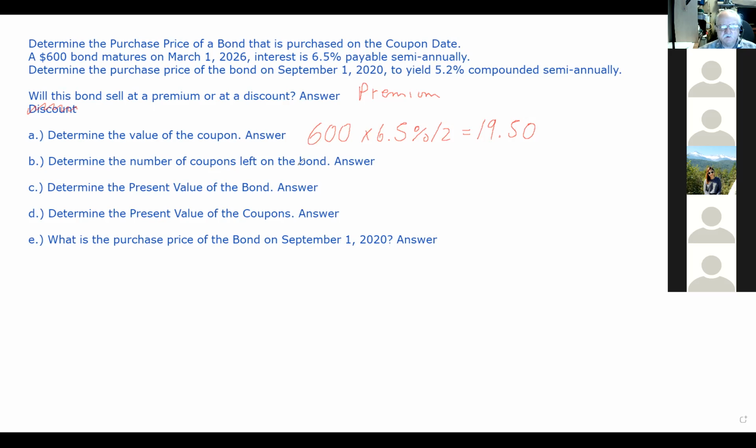So determine the number of coupons left on the bond. Okay, now, in order to do this, you're going to use something called CoupNum, and I'll go do that. So let's go find this CoupNum calculation.